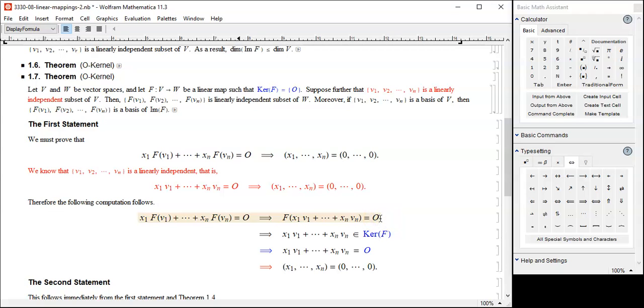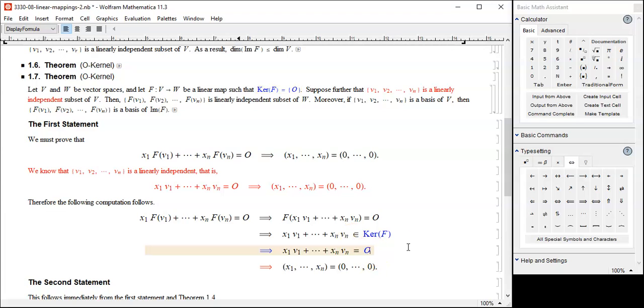And here is an important observation. This vector is going to the 0 vector. In other words, this vector belongs to the kernel. And that was the hard part. Now, from this point on, it's not too difficult. Kernel has only one element, 0.